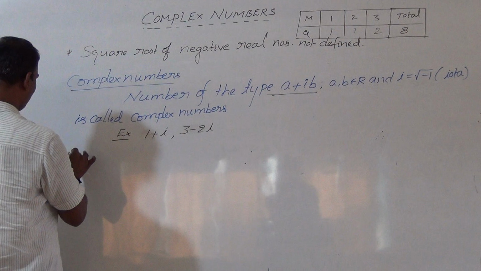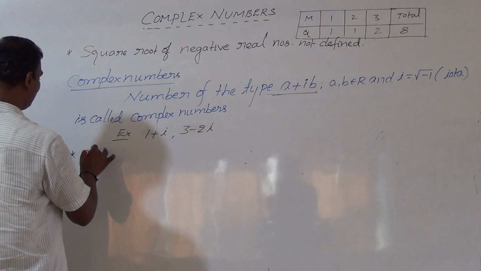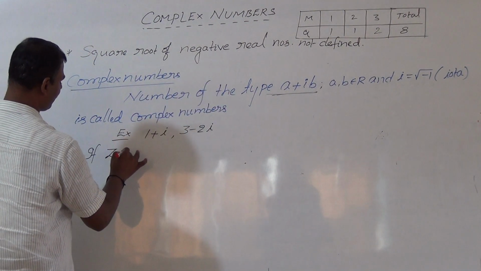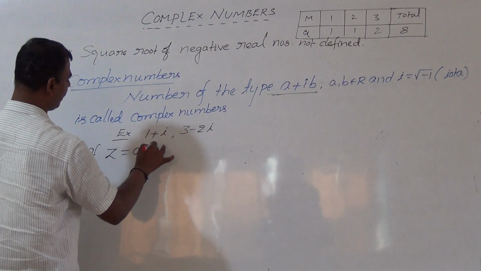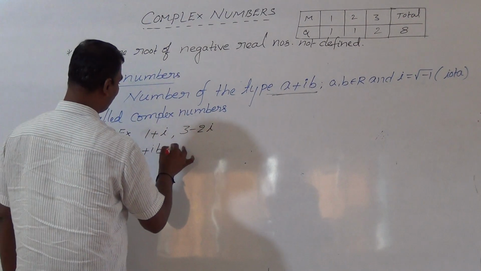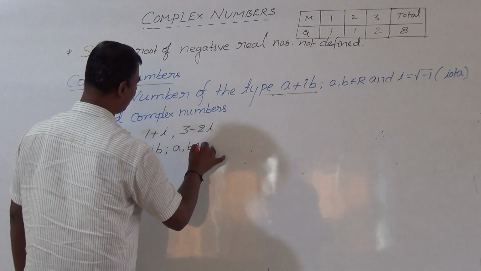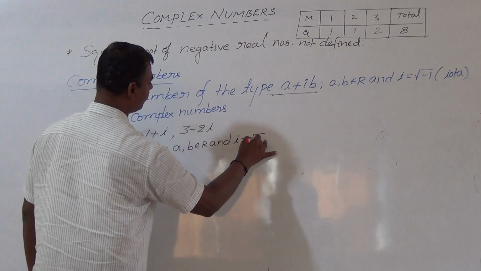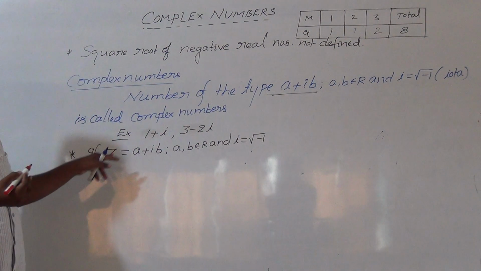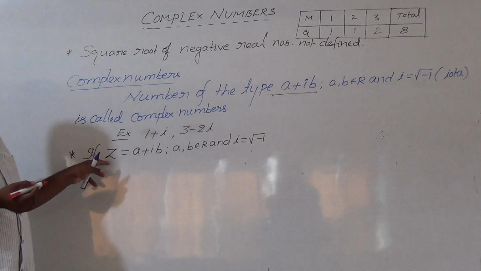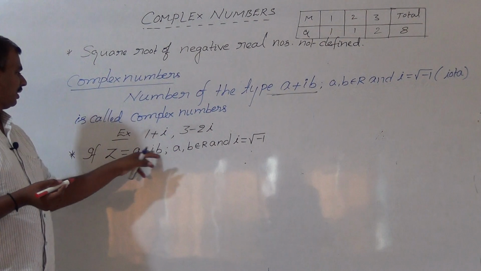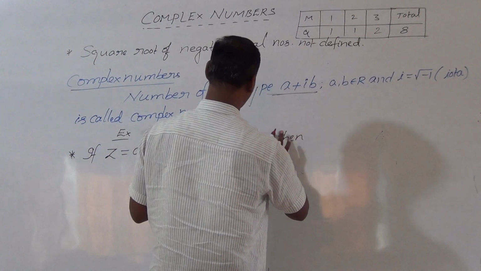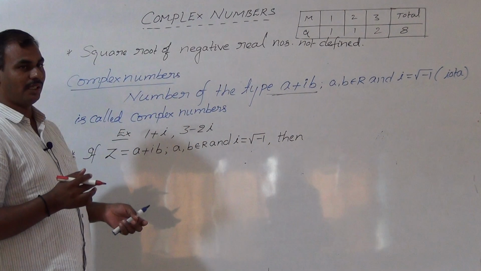Next, we are observing one important point here. If I take a complex number in the form of letter z, if z is equal to a plus iota b, where a, b are real numbers and iota is equal to square root of minus 1, then what are a and b here?